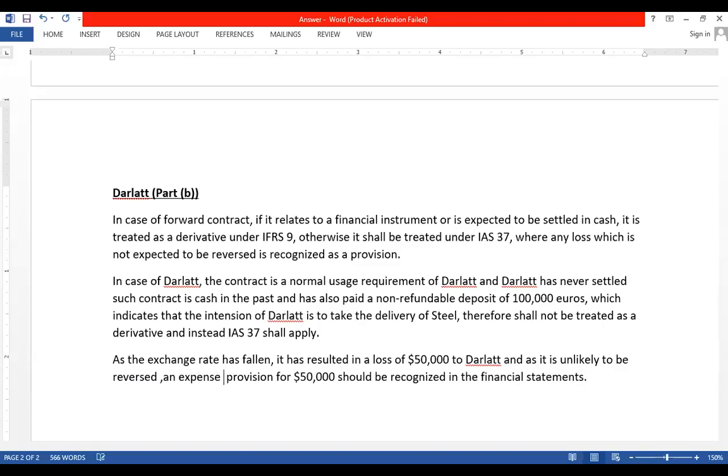You can say an expense and a provision. So that was the answer to the question of Darlet.